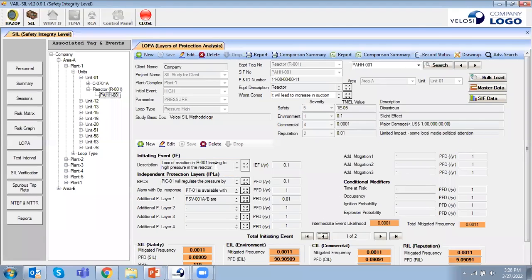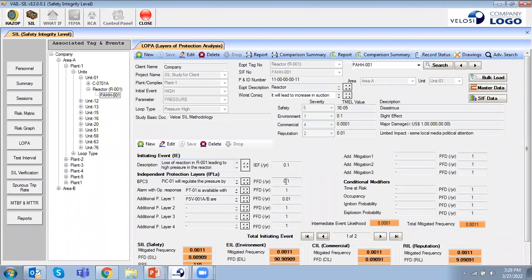The first cause is loss of reaction. In that scenario, in the HAZOP, there are three IPLs that we have seen. For example, the first IPL is the BPCS, Basic Process Control System. That control loop is available and it will regulate the pressure by throttling the valves.